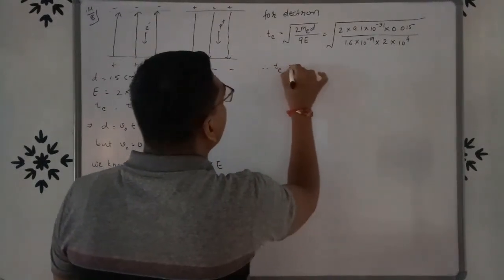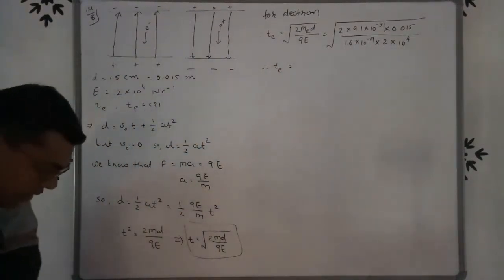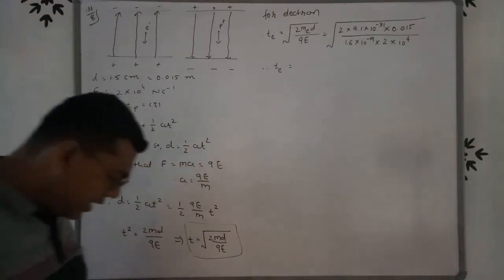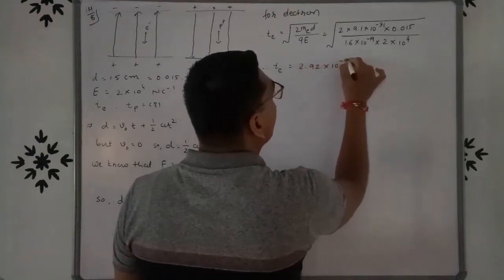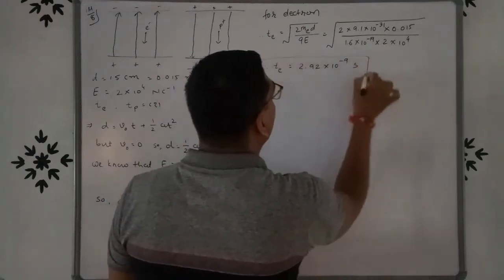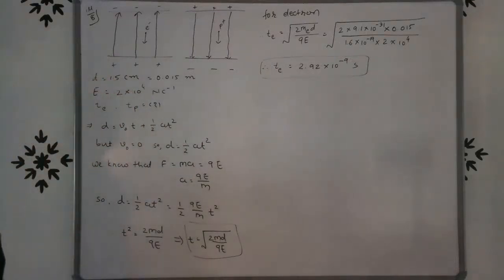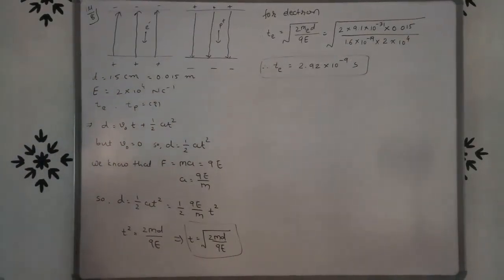So after the calculation you will get the value of TE is 2.92 into 10 raised to minus 9 seconds. So time of fall for electron is 2.92 into 10 raised to minus 9.